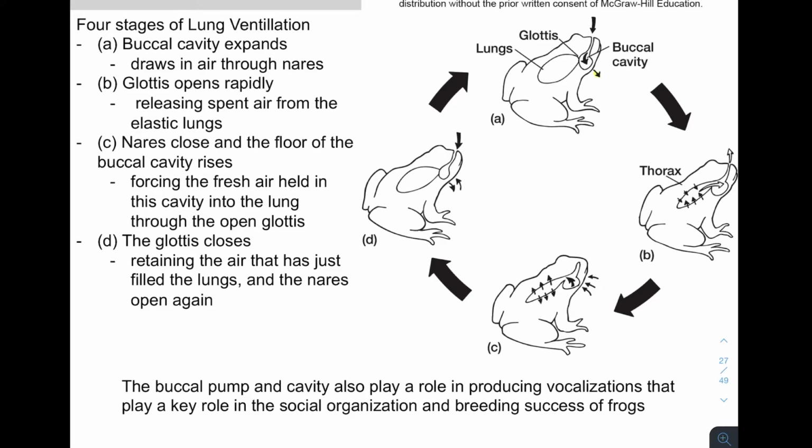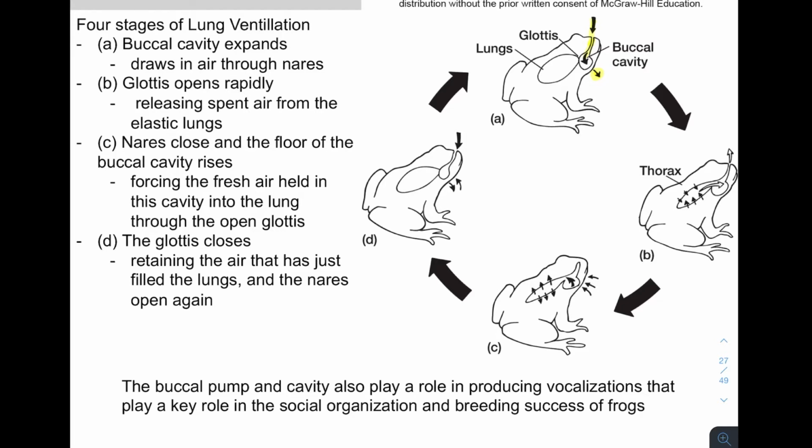So here we're using the lowering of the pharynx or the throat to basically expand the buccal cavity and therefore decrease the pressure in the buccal cavity, forcing air to go in through the nares.